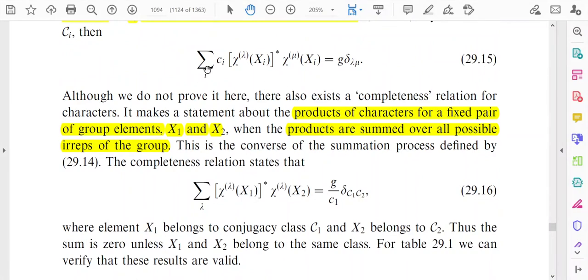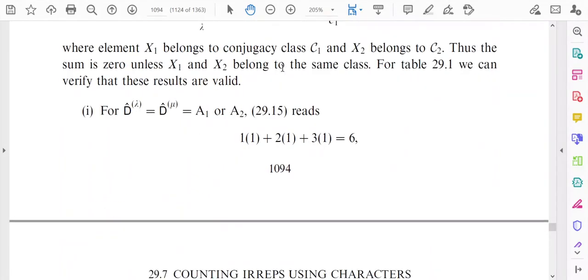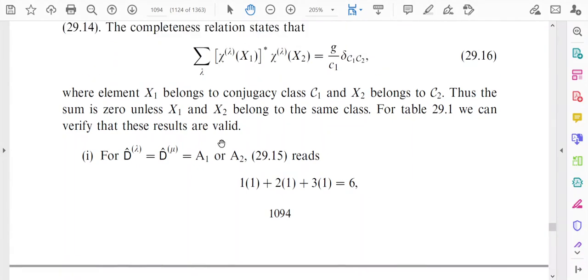Here the sum is over the classes and we will find the products of the characters. Suppose we are considering d lambda equal to d mu, that is, the same representation. It may be A1 or A2. Suppose we consider A1.